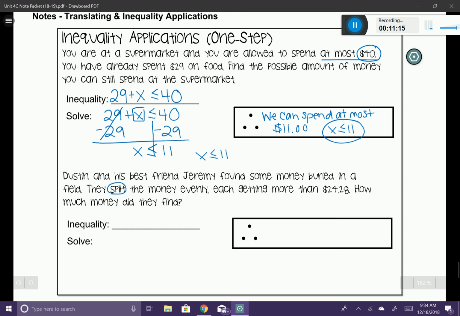Split means that they're going to cut it in half. So we're going to take the money that we don't know how much it is, and cut it in half. So we're actually going to divide that money by 2. Now, each of the boys is going to be getting more than $24.28. So let's use our more than symbol, and say more than $24.28. Now let's solve our inequality.